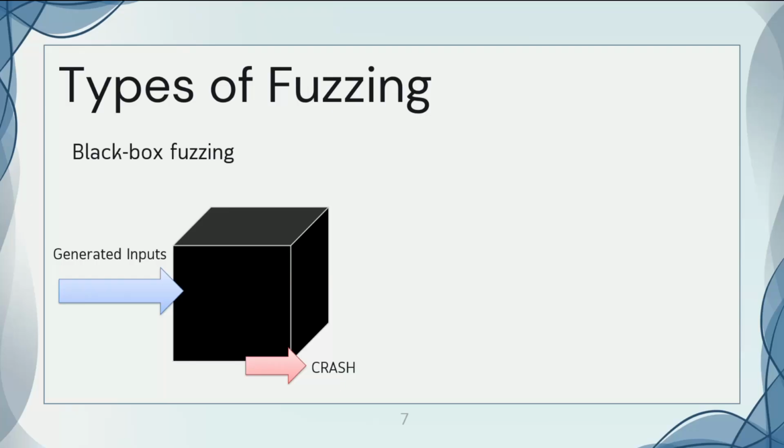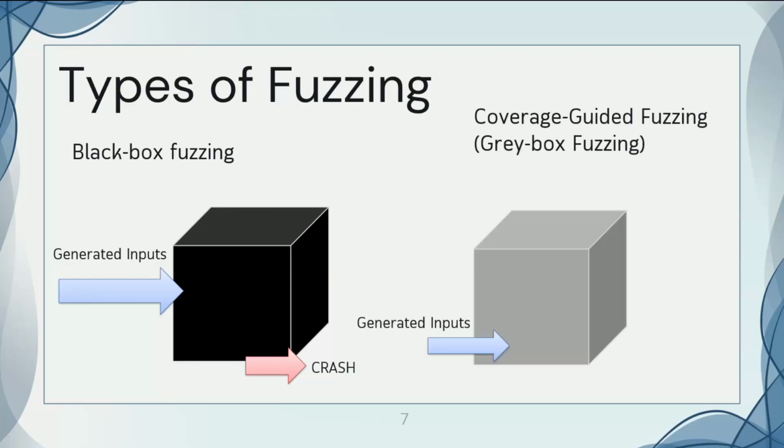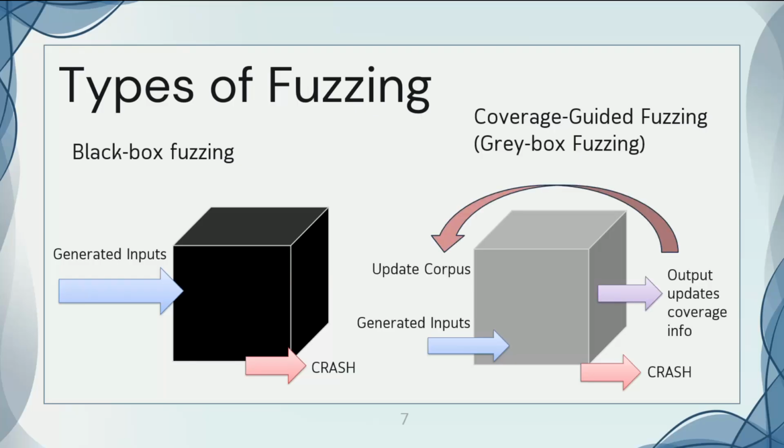So now, what do you think gray box fuzzing is? I already gave kind of a hint. It's also called coverage guided fuzzing. After you generate an input and run it through the program, you might find a crash. But in the cases that you don't find a crash, you have some type of output, and this output updates the coverage data.